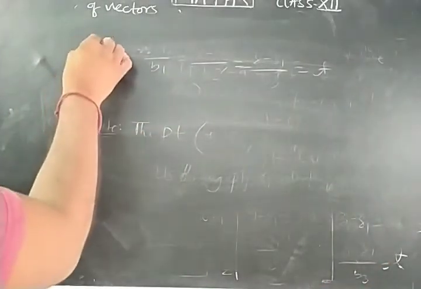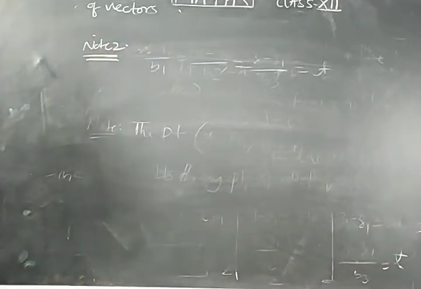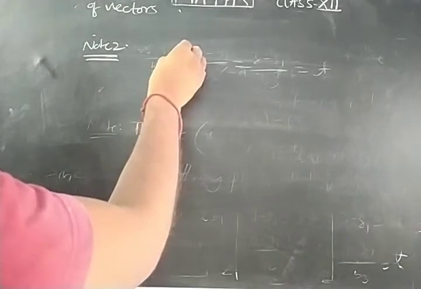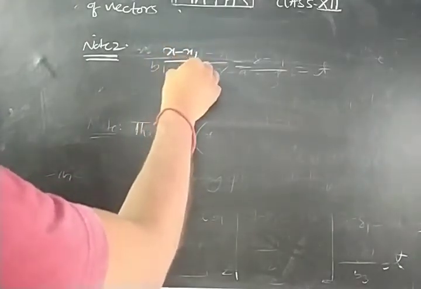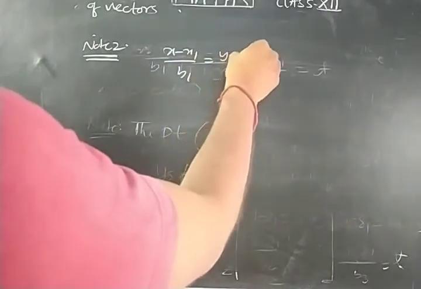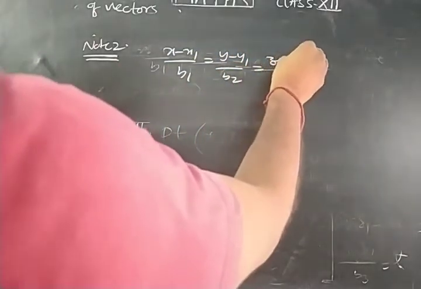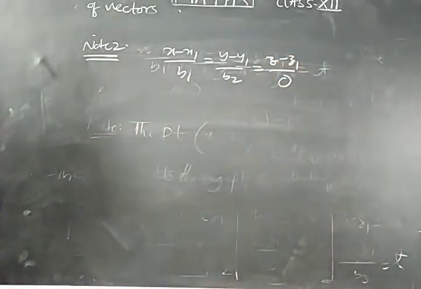Now note 2. If you have an equation like this, suppose x minus x1 by b1, y minus y1 by b2, z minus z1 by 0. Suppose this type of equation you are having.